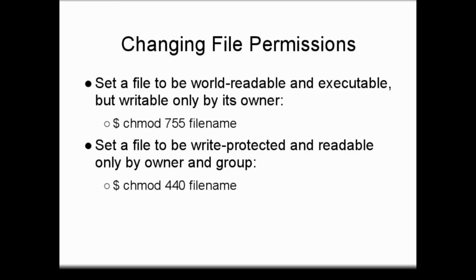In the 440 case, the 4 means read only for the owner, the second 4 means read only for the group, and 0 means no access whatsoever by people who are not members of the group with which the file is associated.